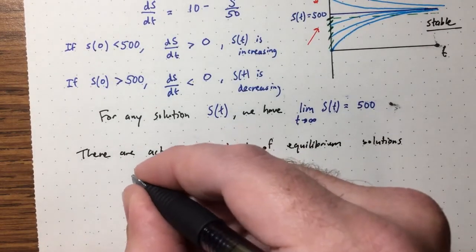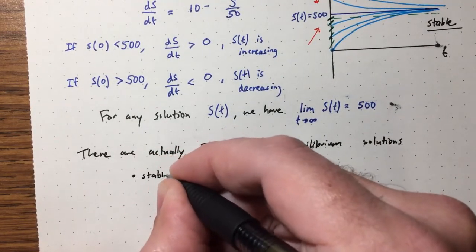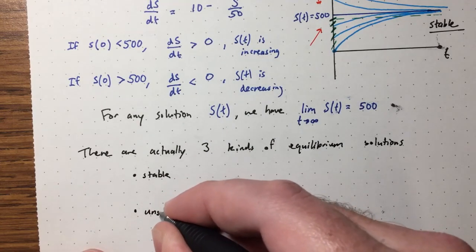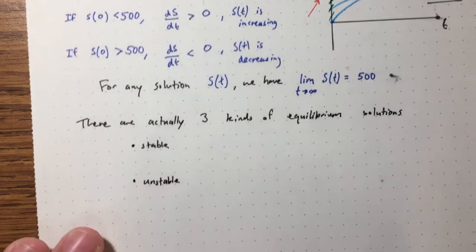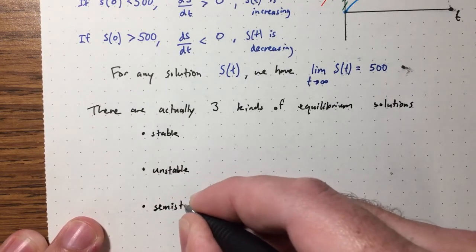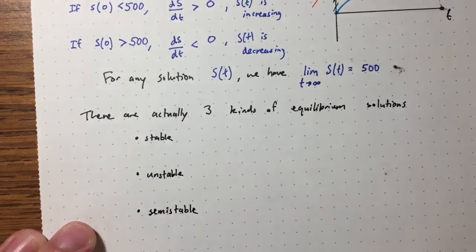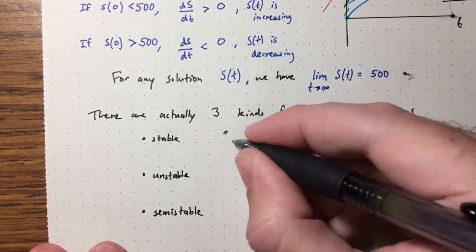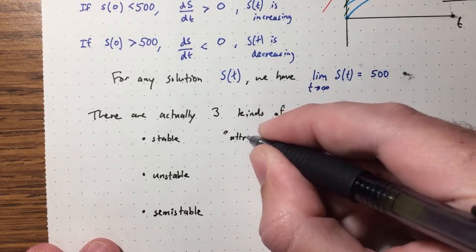So the 3 kinds are stable, unstable. Okay, you can probably imagine what that's going to look like. And the 3rd kind is called semi-stable. And just in words, so stable equilibrium solutions attract.